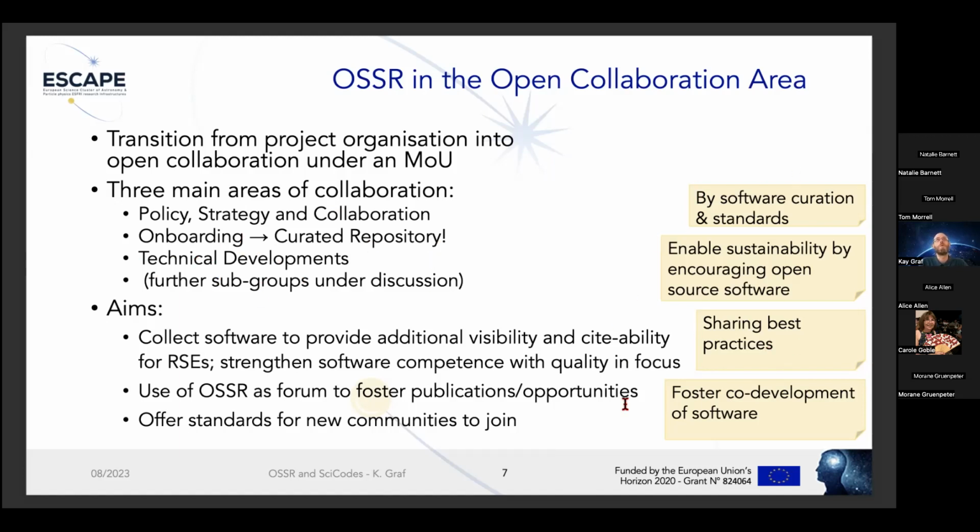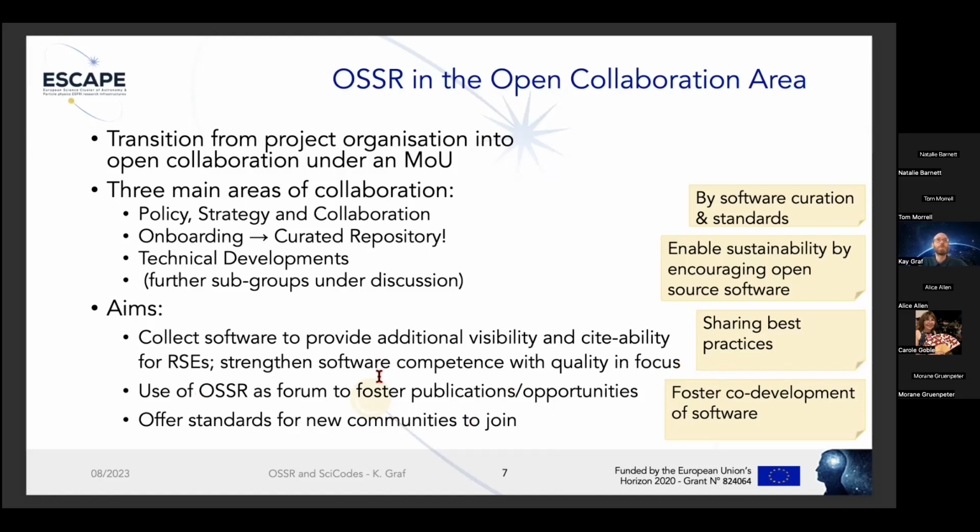We have a few more subgroups under discussion. You can find a few buzzwords over here. Our aim continues to collect the software and to provide the additional visibility and also citability for the research software engineers or the researchers writing and or maintaining software themselves, and to strengthen in general the software competence with quality and focus.